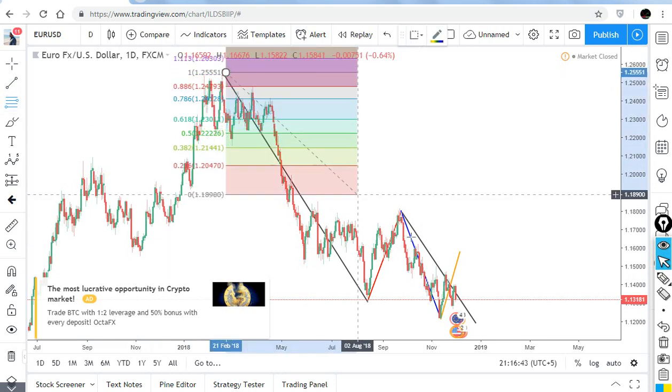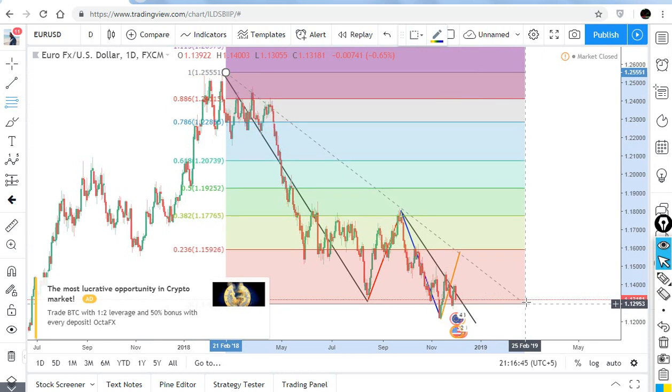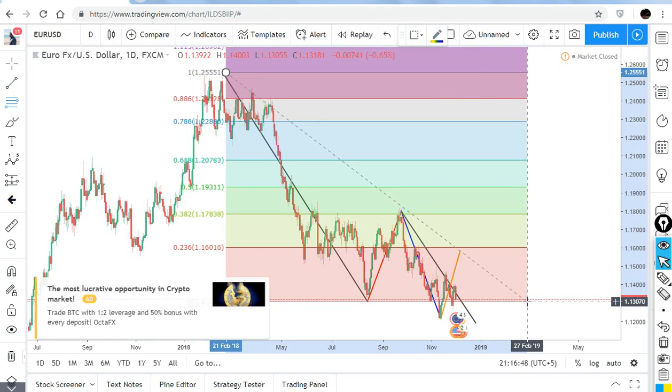How much does it retrace up? 0.382, right? 0.382. So after this it will max retrace to 0.236 and then it goes more down, right? So this is the way.